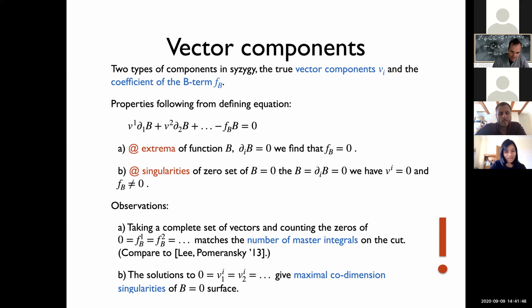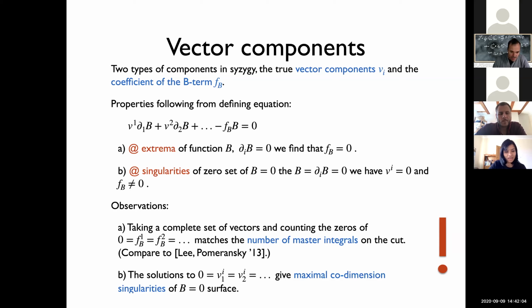And these numbers actually correspond to the number of master integrals. So without doing an IBP reduction, you can just compute these vectors, and from the vectors you can read out the number of master integrals rather straightforwardly.